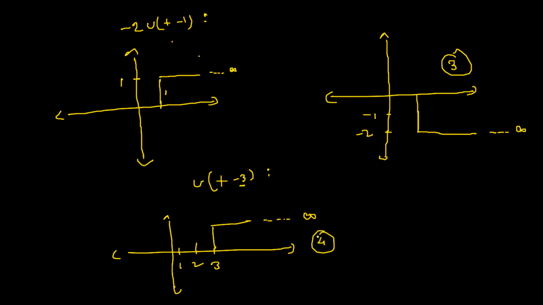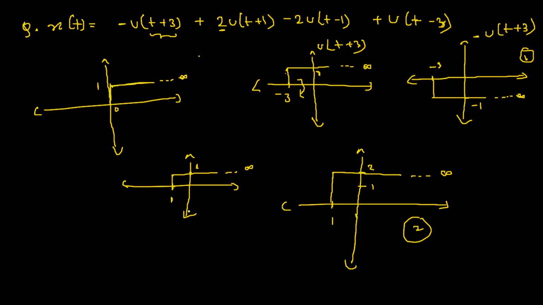right? So now what I need to do is add each of them. Like you can see, all of the graphs are just defined between minus 3 and 3. After that, all of them have almost fixed values. So let's start from that.